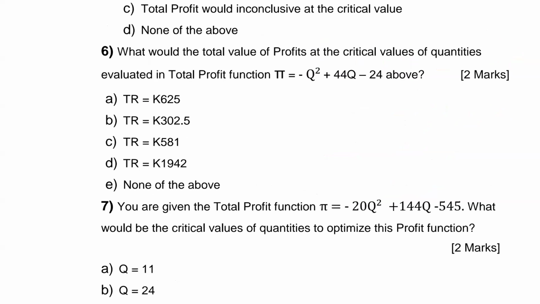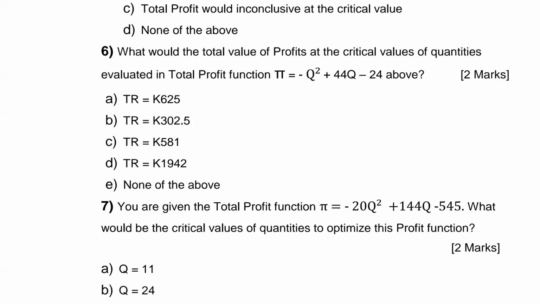Question 6 is saying, what would be the total value of profits at the critical values of quantities evaluated in the total profit function? So the total profit is equal to negative q squared plus 44q minus 24 above, like you're saying.